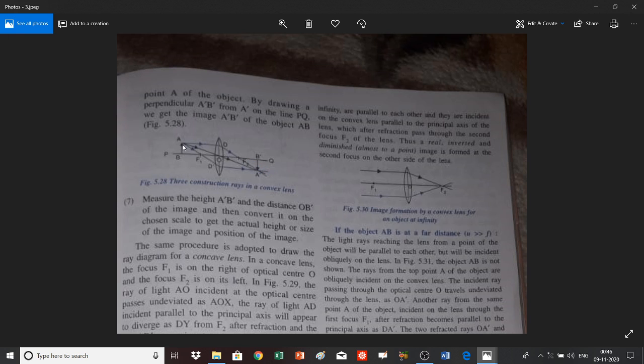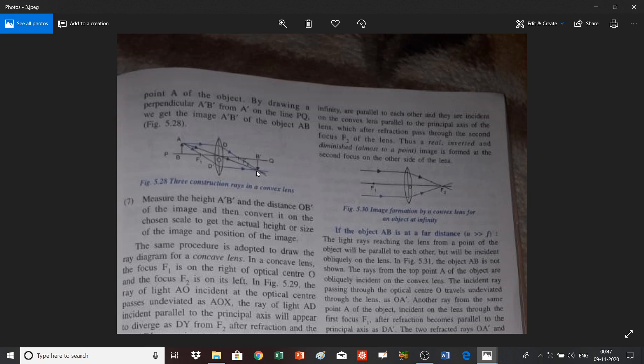And another ray, which you can consider, passes through the first principal focus, and after refraction through the lens, it will be parallel to the principal axis. All these three refracted rays will meet at the point A prime. So the image of the point A is formed here. Similarly, if you draw a normal on the principal axis, the image of the point B will also form here.